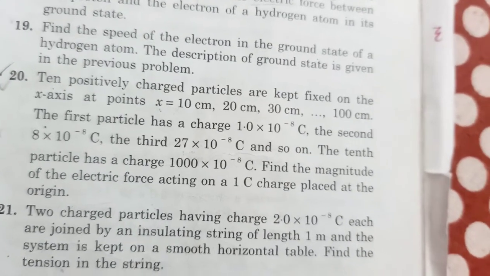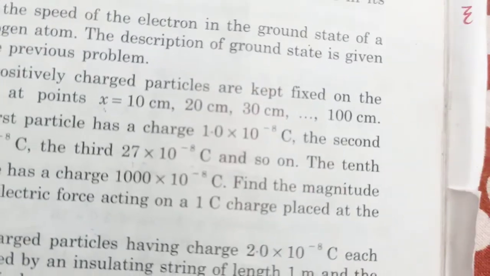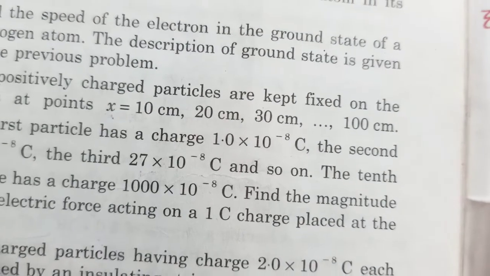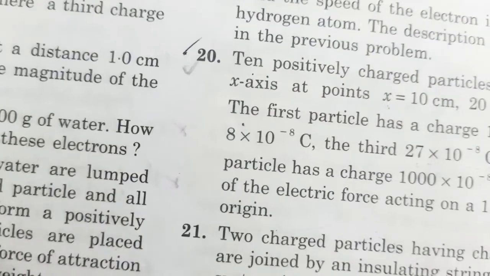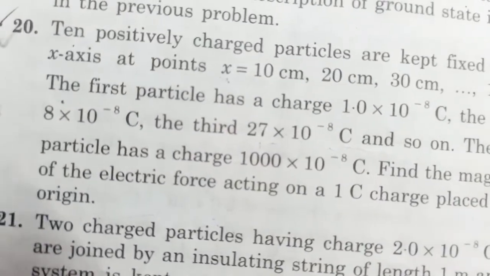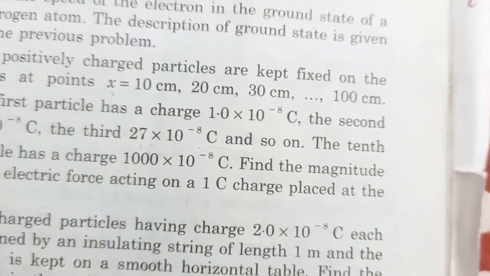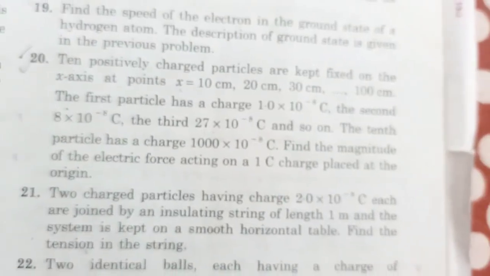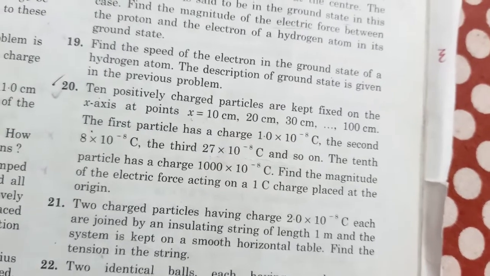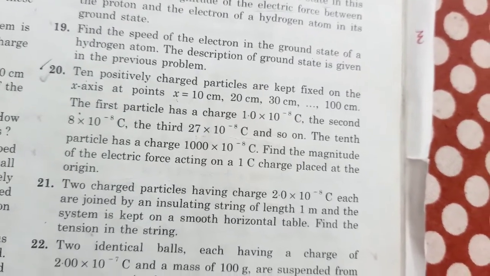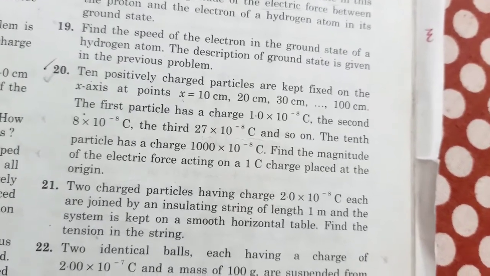The first particle has a charge of 1.0 into 10 to the power minus 8 coulomb, the second is 8 into 10 to the minus 8, the third is 27 into the same, and so on. The 10th particle has a charge of 1000. Find the magnitude of the electric force acting on a 1 coulomb charge placed at the origin.